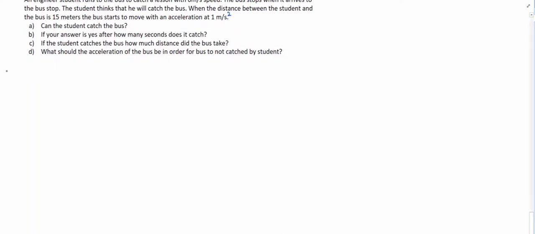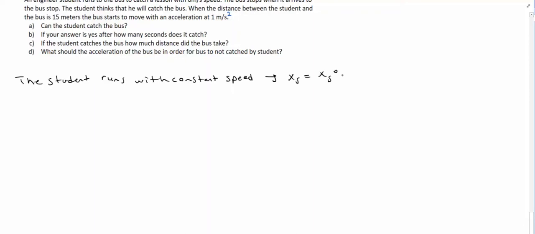So, catching a bus means being at the same position for both the student and the bus. The student runs with constant speed, which means xs for the student equals xs0 plus vs0 times t.